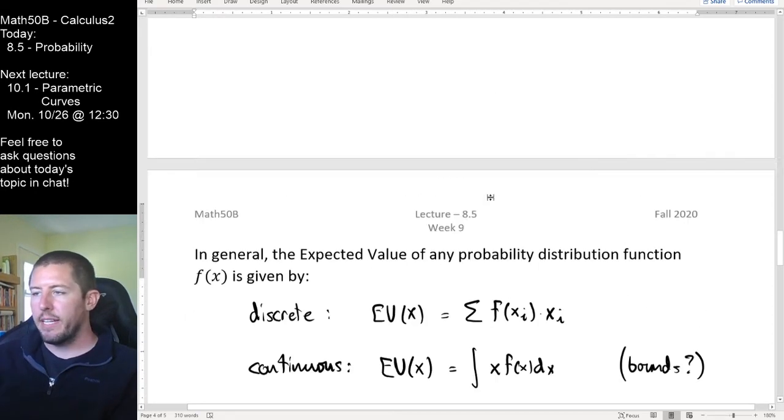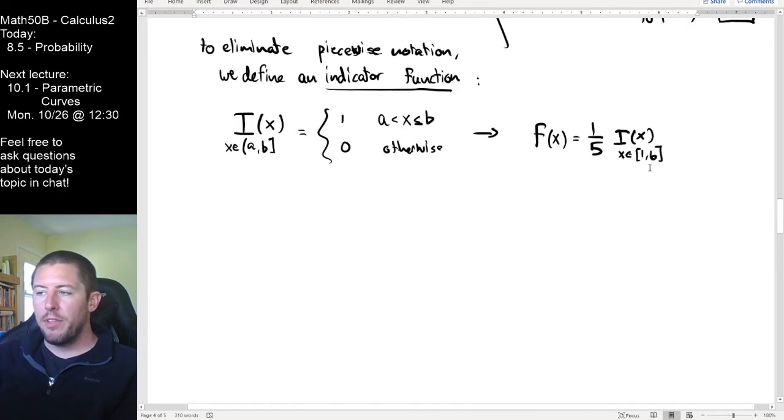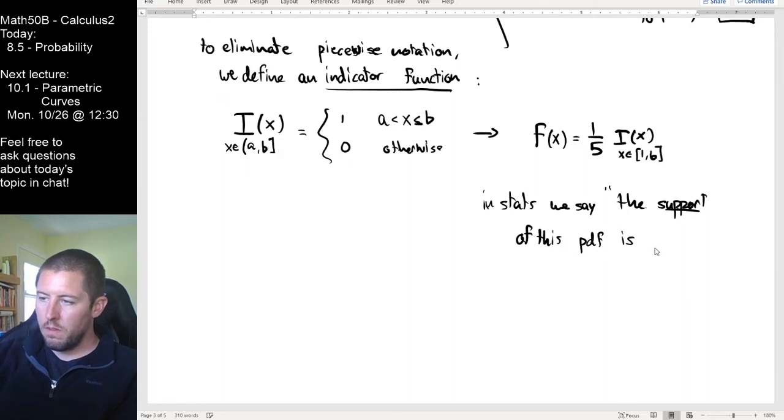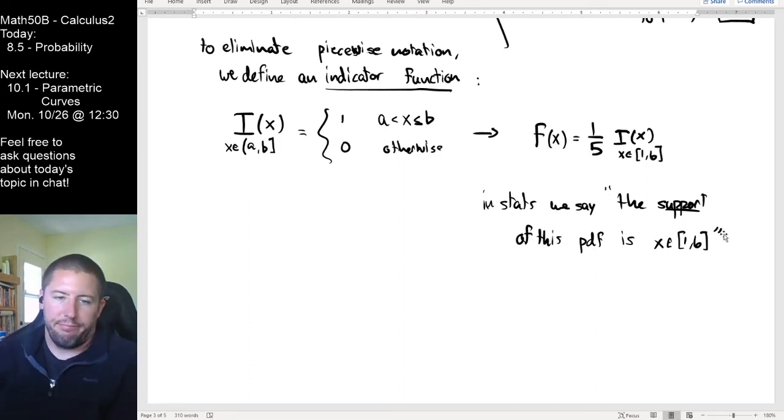This is referred to, I guess, more things to talk about up here. When we talk about this 1 to 6, we say that the support of this function, in stats we say, so this bounds of interest is referred to as the support. I don't know why.